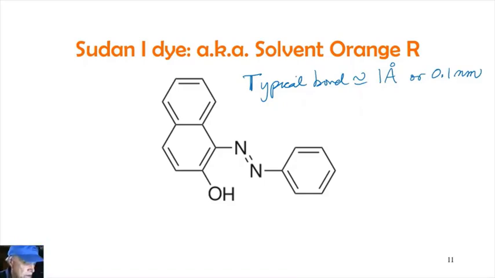Actually, they're a little bigger than that, most of them. Carbon-carbon is about 1.5 angstroms. But that's why we like angstroms. We can say words like 1 and 2 instead of 0.1 and 0.2.